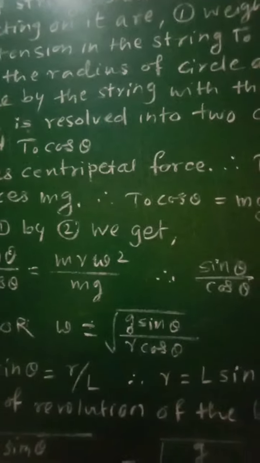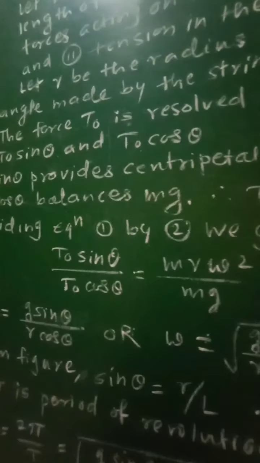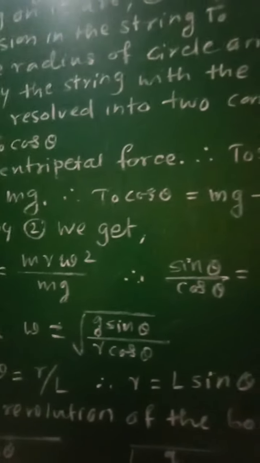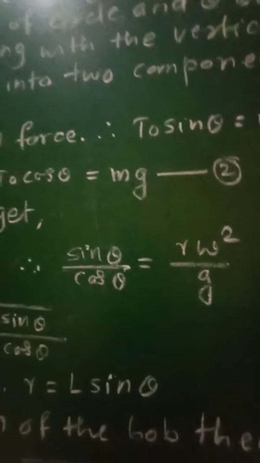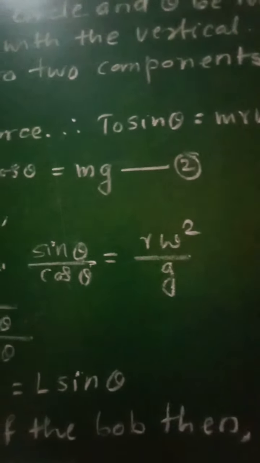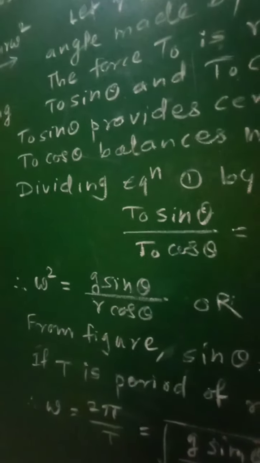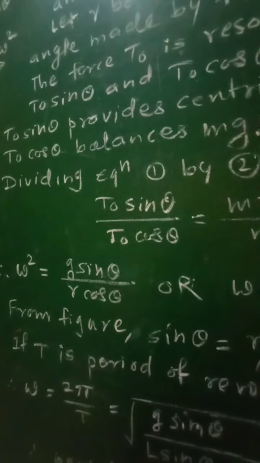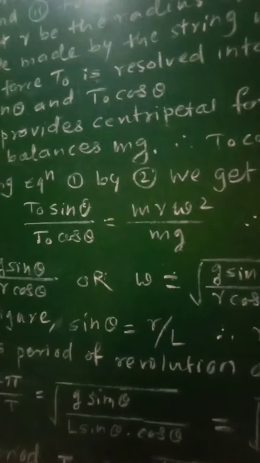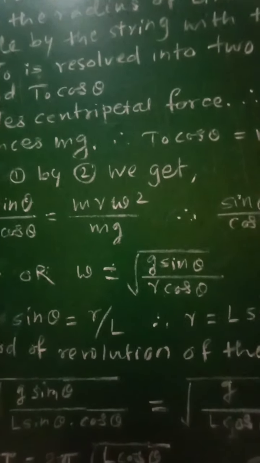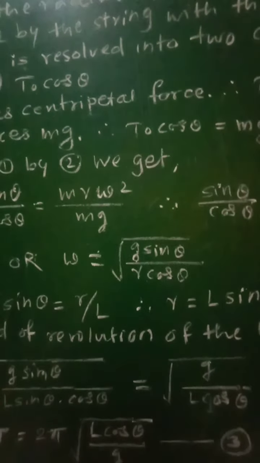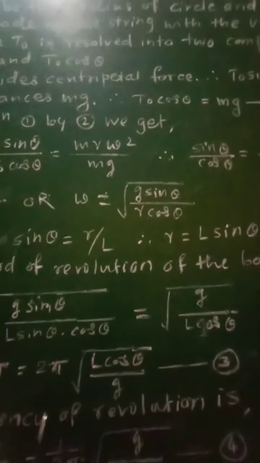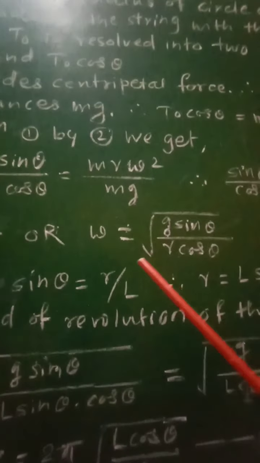On right side m will get cancelled, on left side T0 will get cancelled, and therefore sin theta upon cos theta equal to r omega square upon g. Therefore omega square will be equal to g sin theta upon r cos theta, or taking square root, omega equal to square root of g sin theta upon r cos theta. This will be the expression for omega.